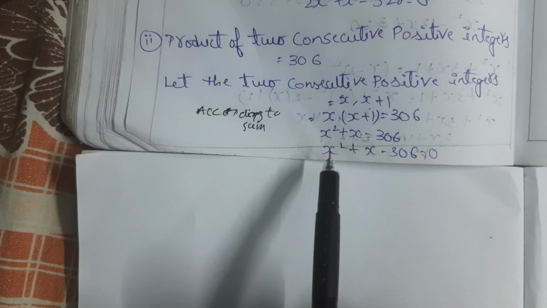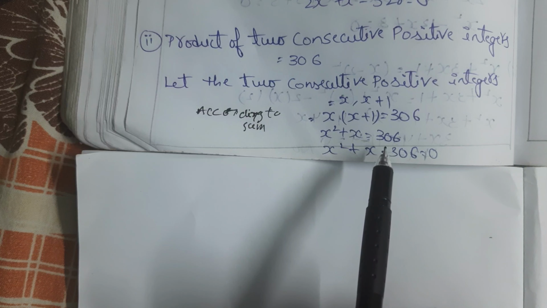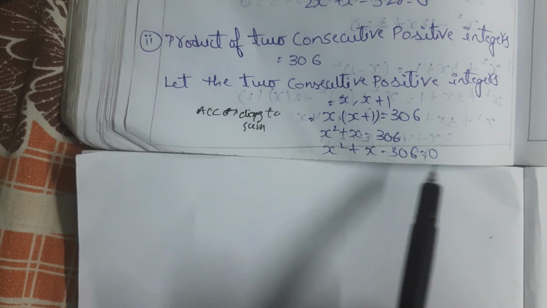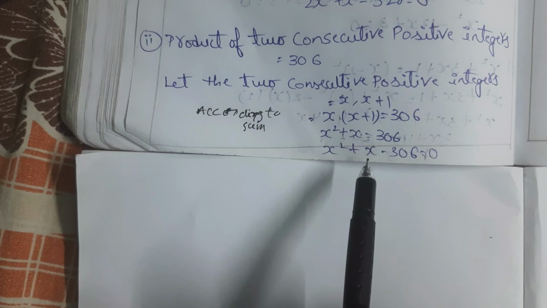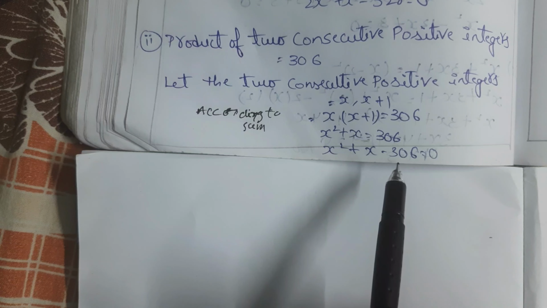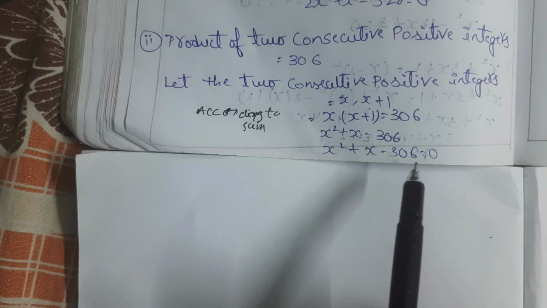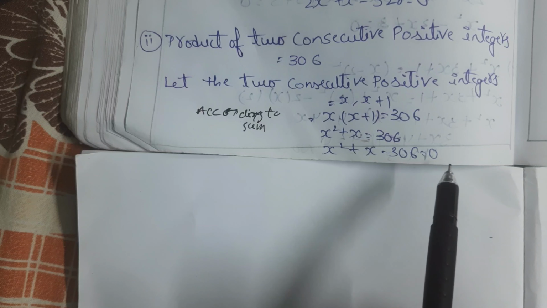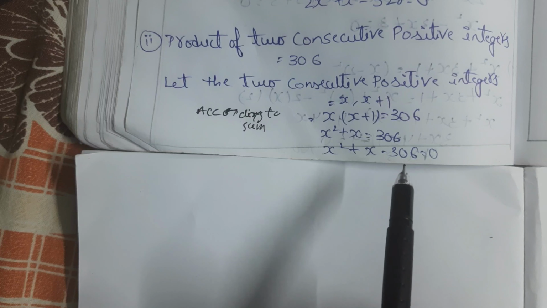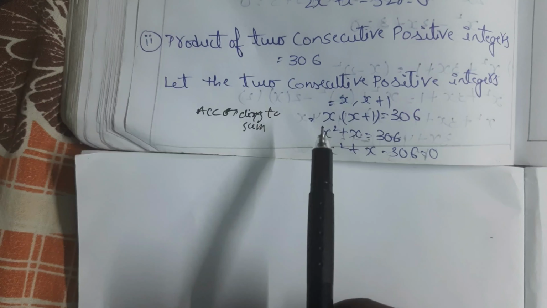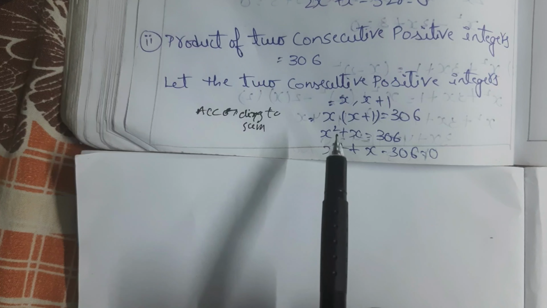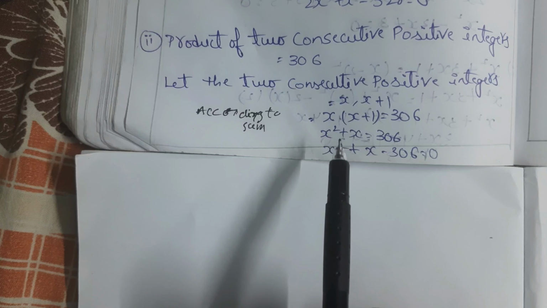Now transfer to this side, 306 becomes minus 306. That means x square plus x minus 306 is equal to 0. It is in the form of ax square plus bx plus c is equal to 0. But they did not ask to solve for the integers. Only the representation. A situation based question, very important.